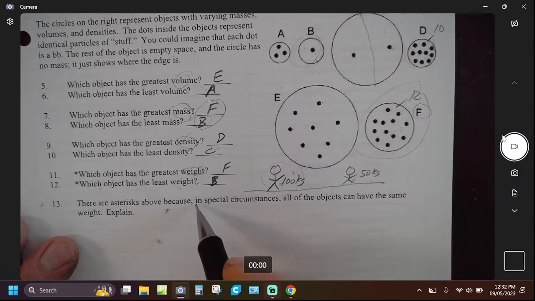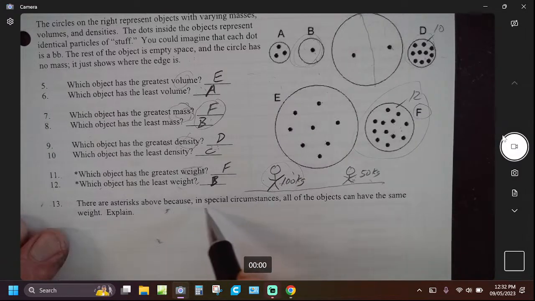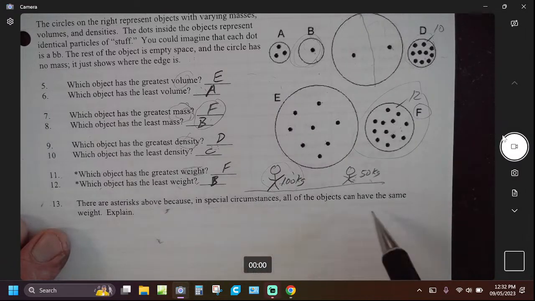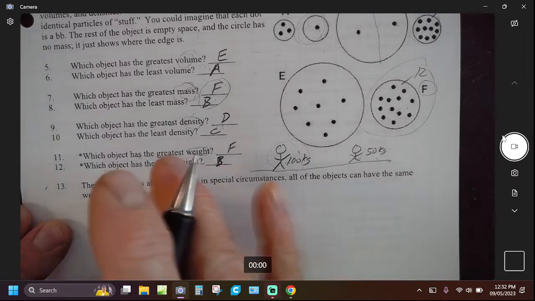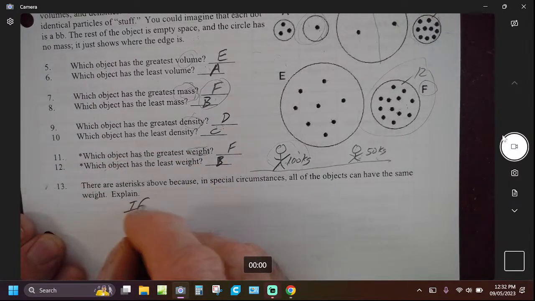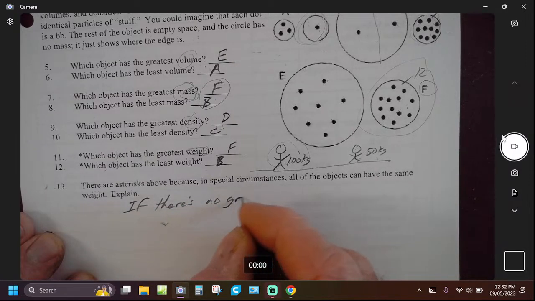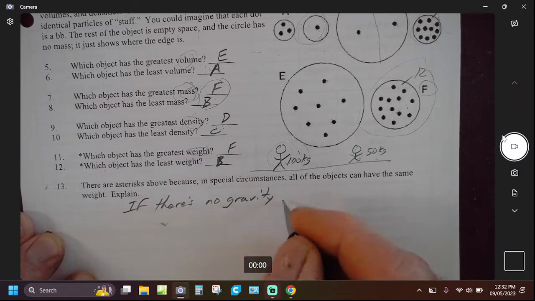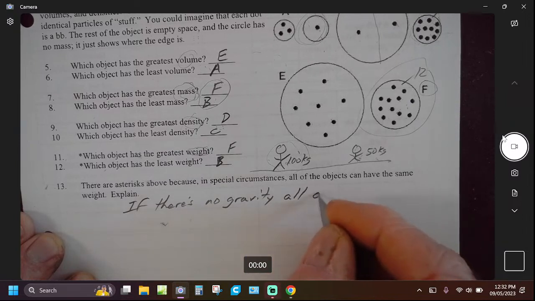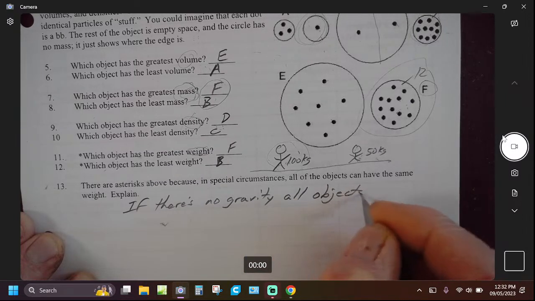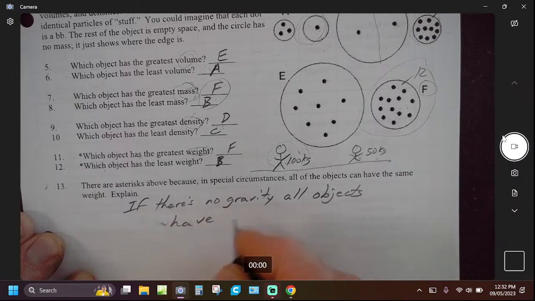So there are asterisks above because in special circumstances, all the objects can have the same weight. Explain. So if there's no gravity, all objects have zero weight.